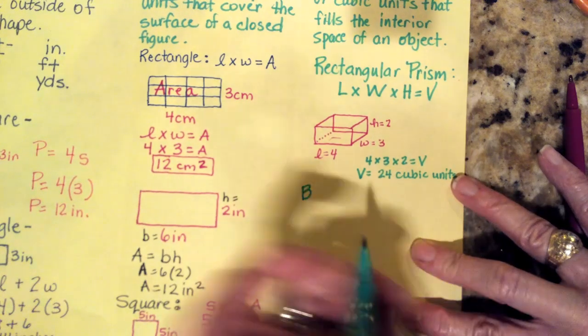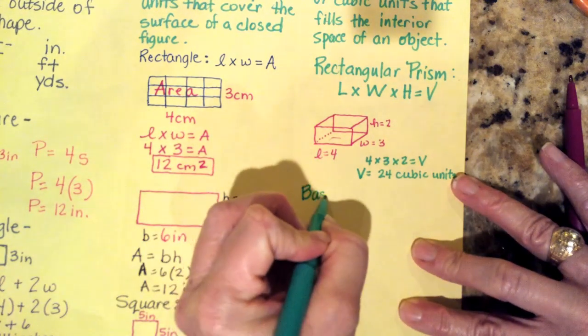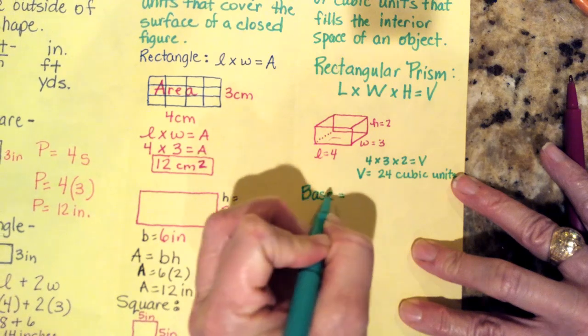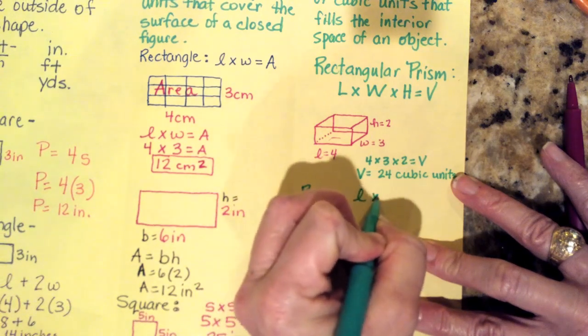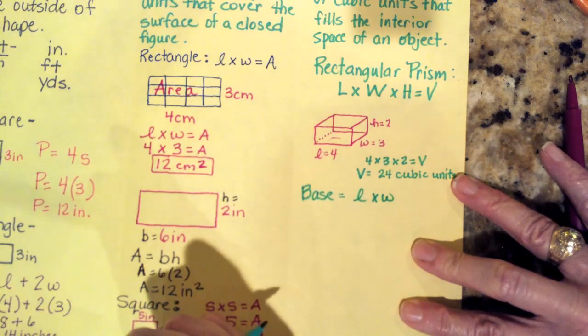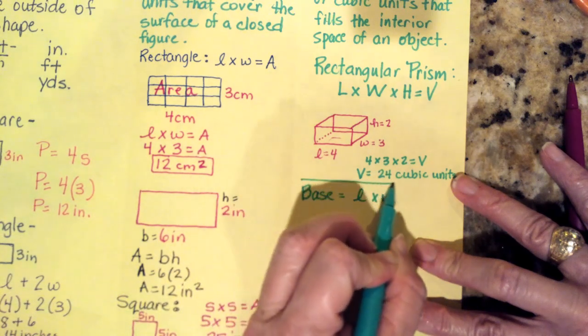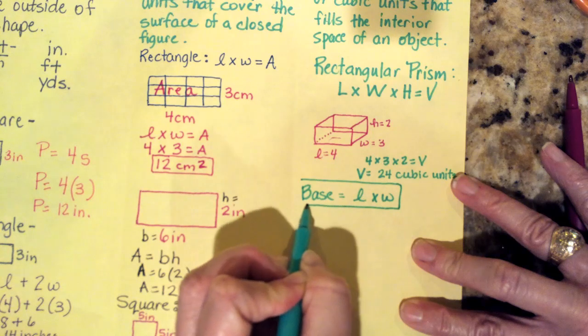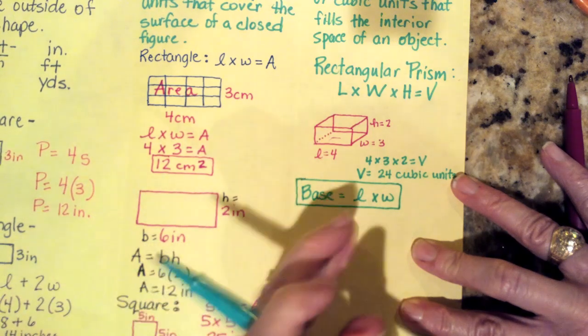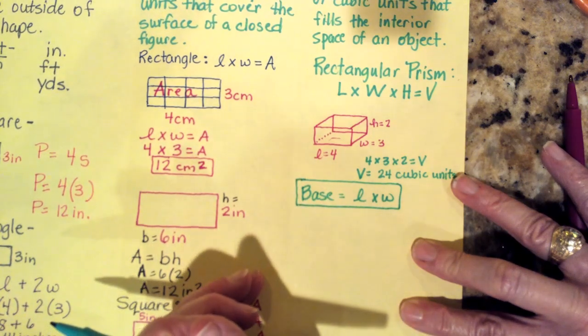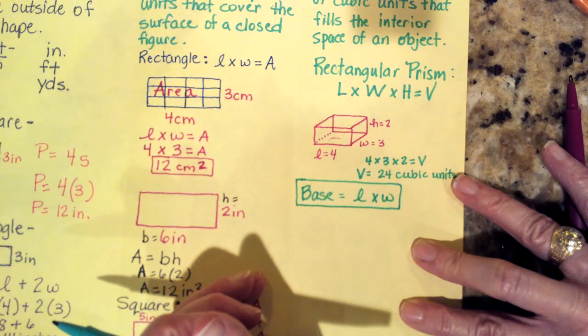But sometimes when they use a capital B in volume, they're talking about the length and the width already multiplied together. So sometimes they're going to give you a figure that already has the base calculated for you.